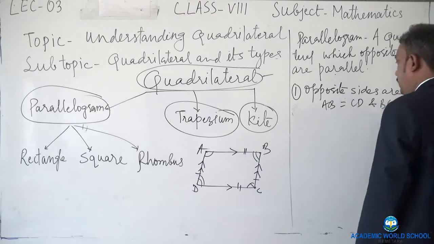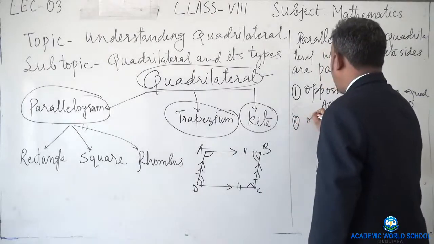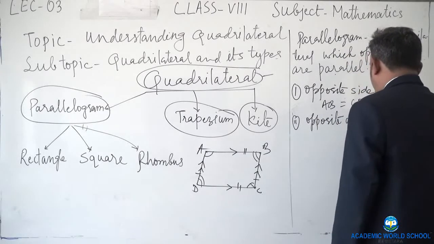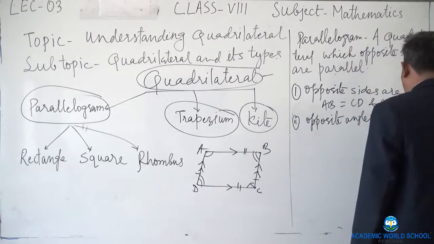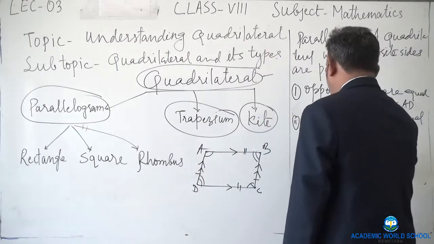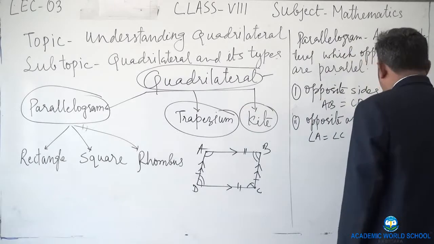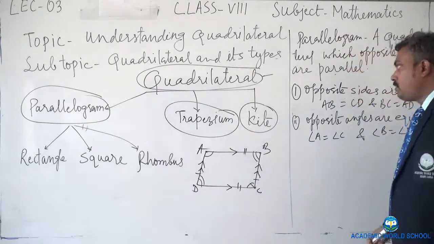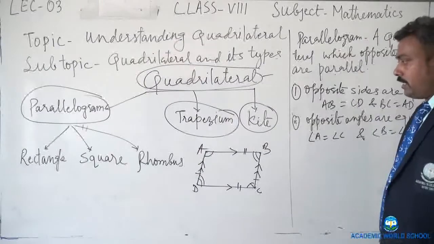And from the second property, opposite angles are equal, so angle A equals angle C and angle B equals angle D in this parallelogram.